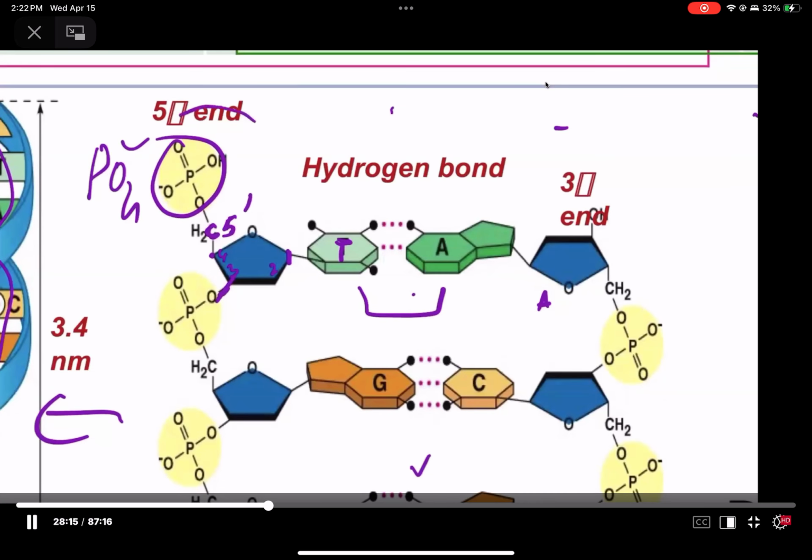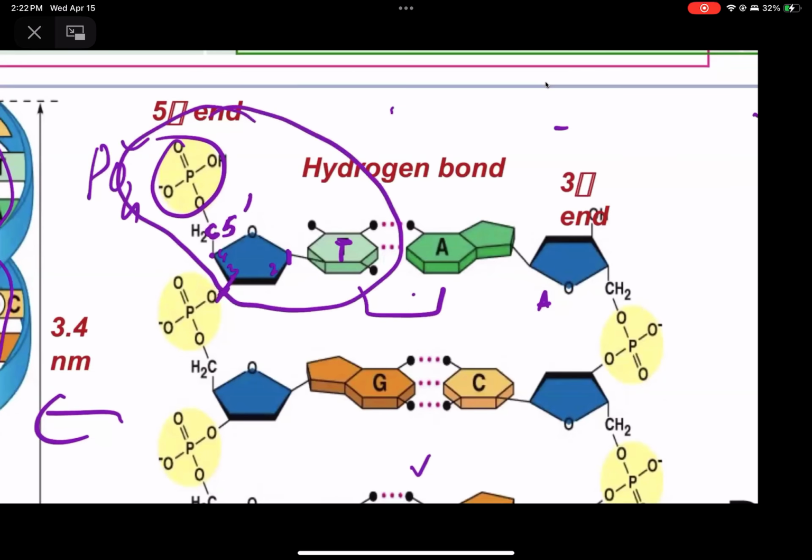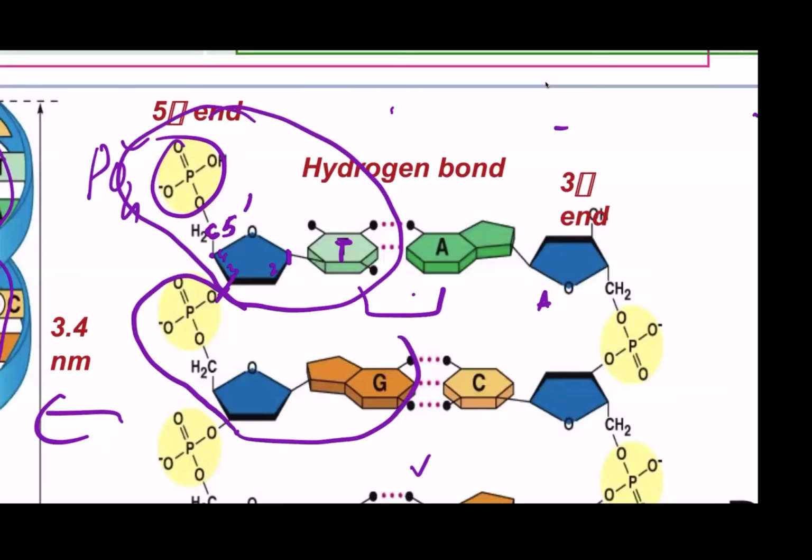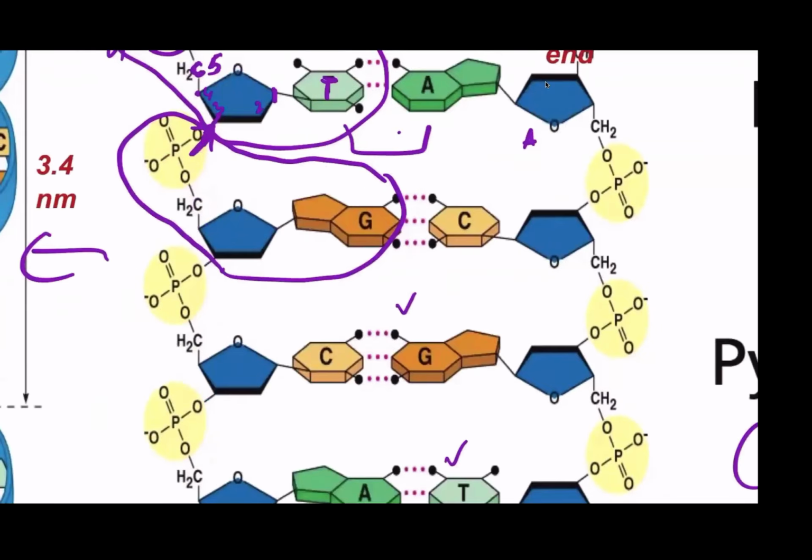So this is one nucleotide, and the other nucleotide comes and attaches itself at the 3' end here. That's where they add. It's like your left and right hand.